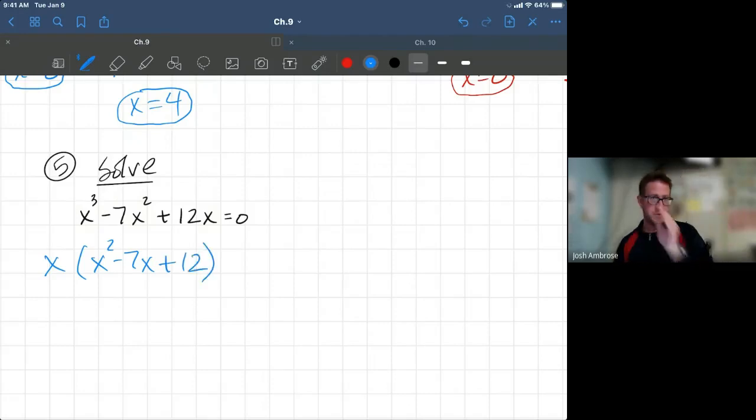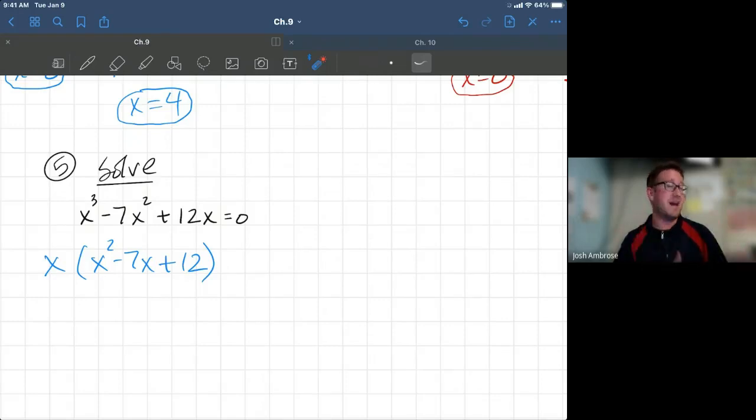Okay, so this trinomial is not a perfect square. We can figure that out pretty quickly here. X squared, good, that's a perfect square. That works. But 12 is not a perfect square. So we know that we're not dealing with a perfect square trinomial.